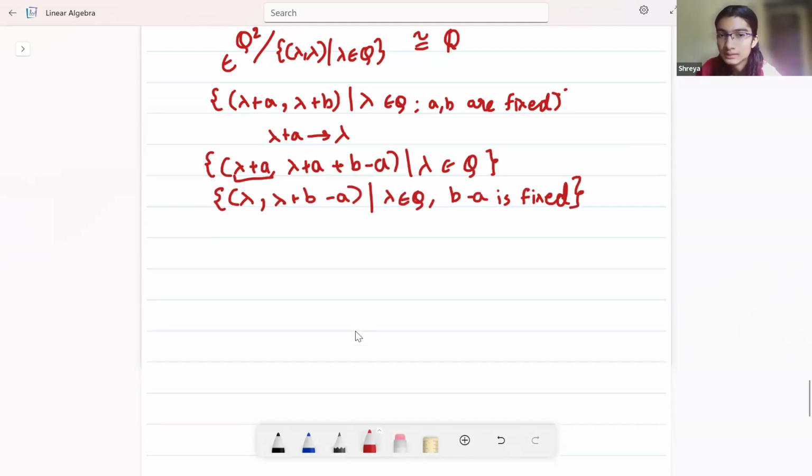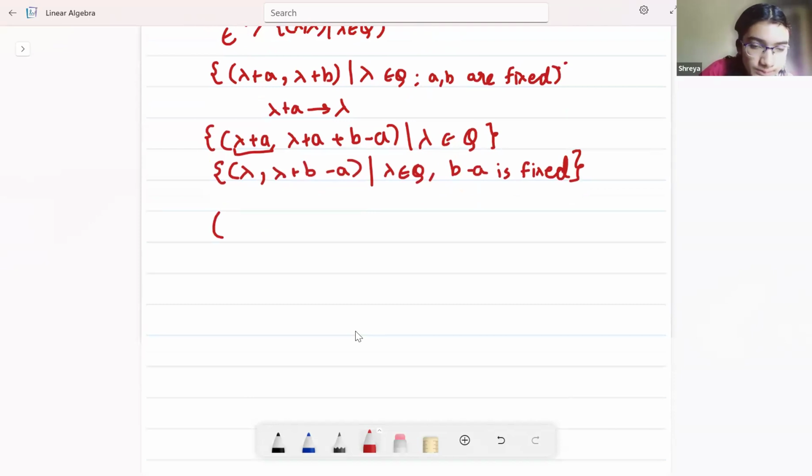So now what is the isomorphism? We have elements which are of the form lambda, lambda plus r. Actually, instead of representing it like this, over here we'll do lambda plus b, and here we'll do lambda plus b plus a minus b.